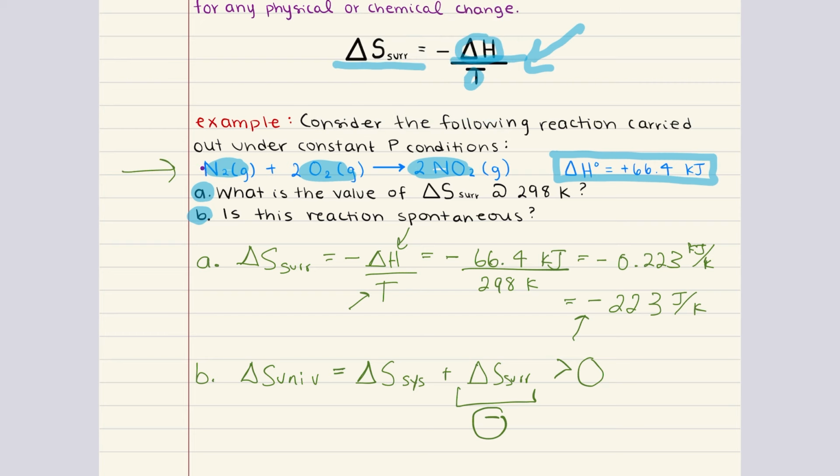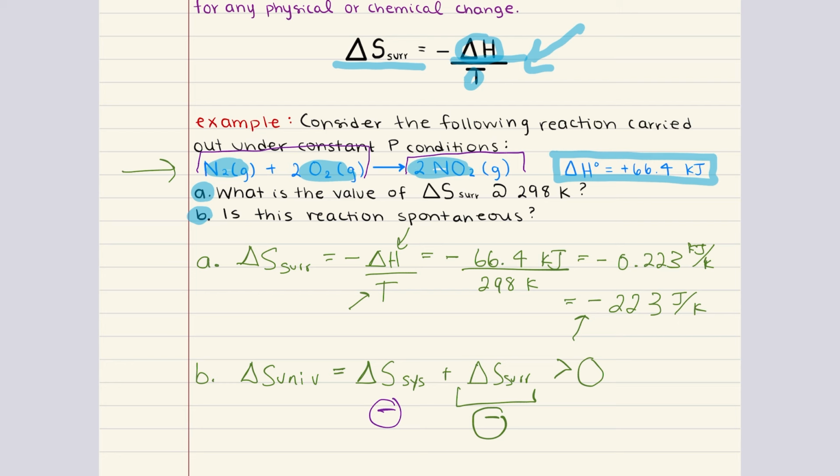On the reactant side, we have 3 moles of gas, and on the product side, we only have 2 moles of gas. Whenever there's a decrease in the number of moles of gas in a chemical reaction, the entropy of the system also decreases. So that means delta S of the system is also negative.